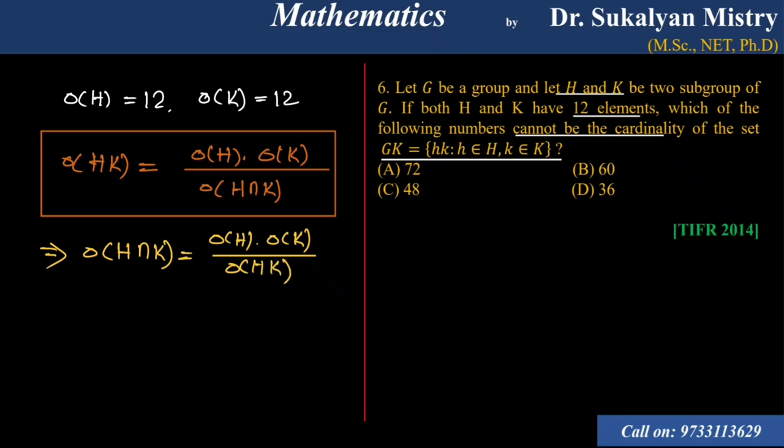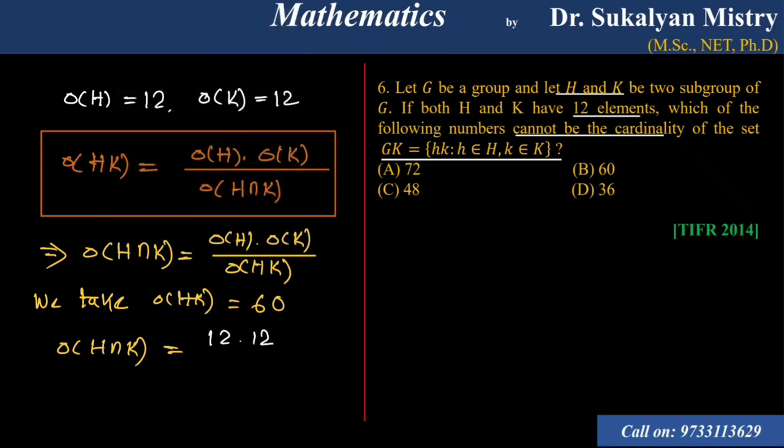So if we take order of HK is equal to 60, then we must have order of H intersection K equal to order of H, 12, into order of K, 12, divided by order of HK, that means 60.